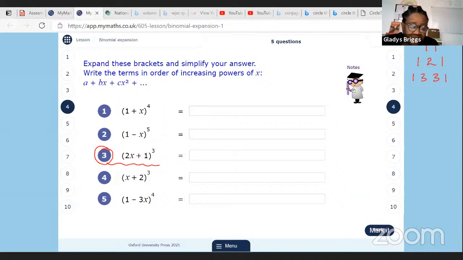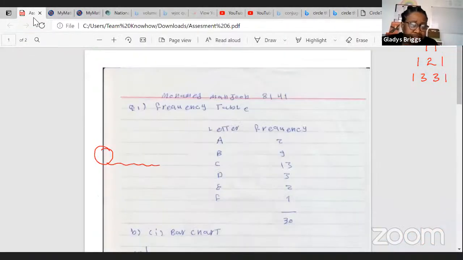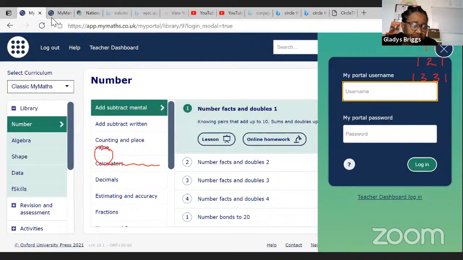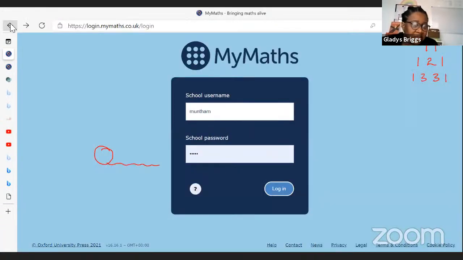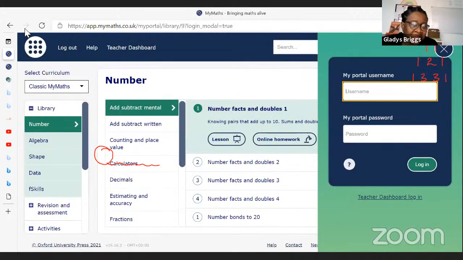Where's your module? Right. Oh, I just removed something important. I'm so sorry, guys. What have I just done?